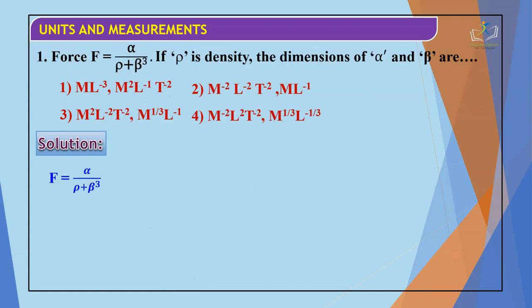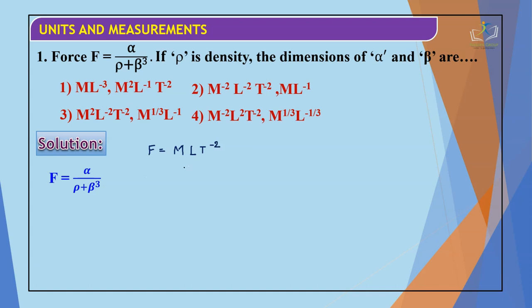Rho plus beta cube. From the principle of homogeneity, we know that if the LHS of the equation is equal to the RHS in a dimensionally correct way, then it follows the principle of homogeneity. So we know that the force dimension is MLT^-2.